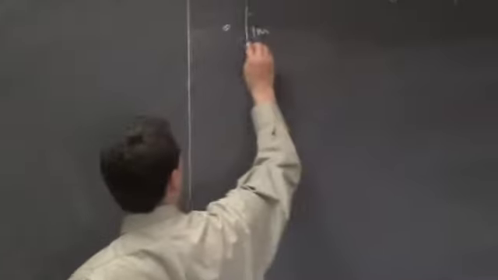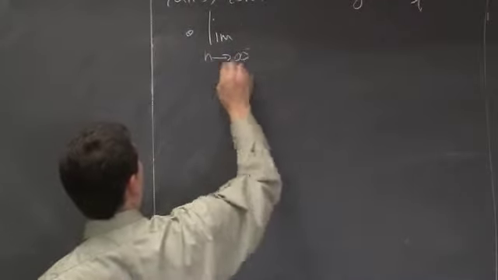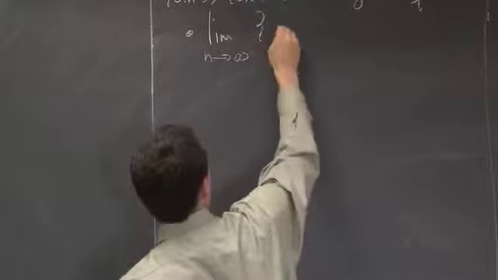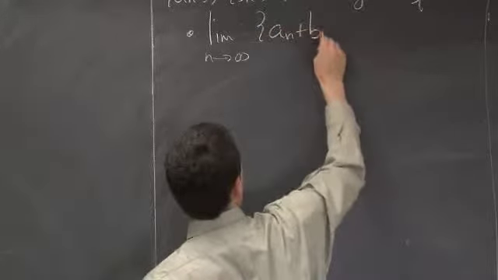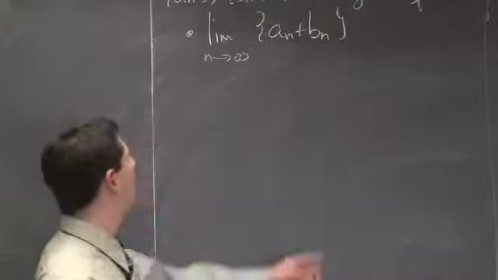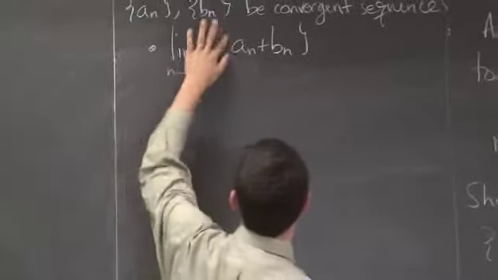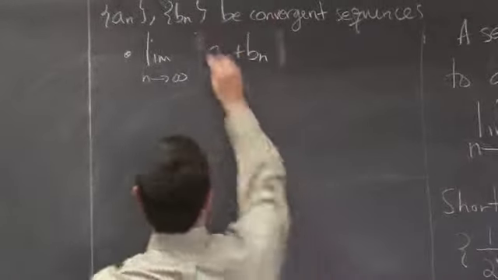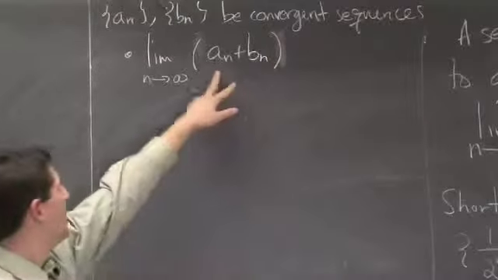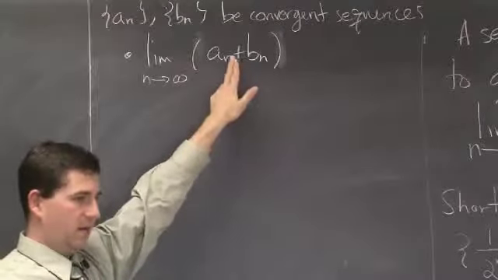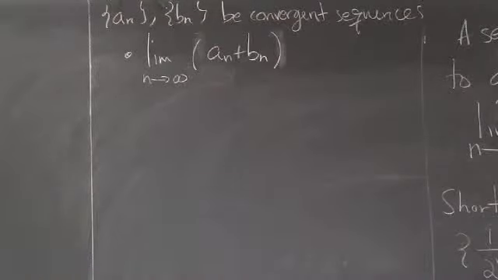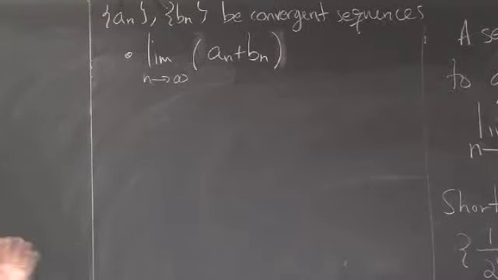What if you considered a new sequence? I'll use parentheses. Let me write down a new sequence, and the nth term in my new sequence is just AN plus BN. That's how you can add two sequences.